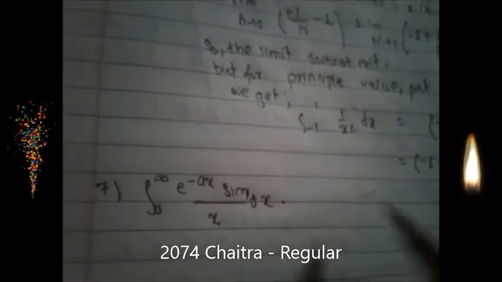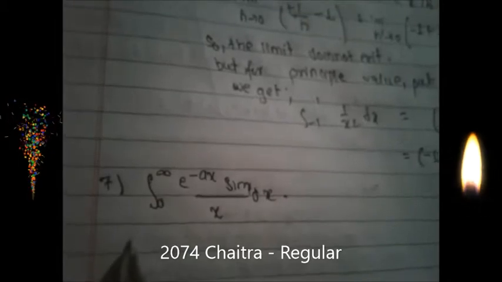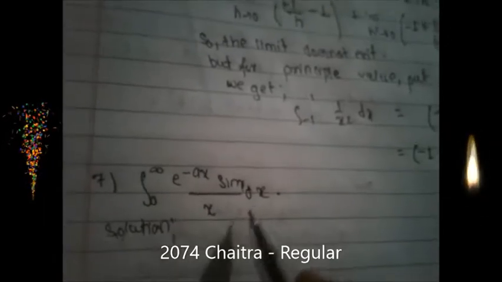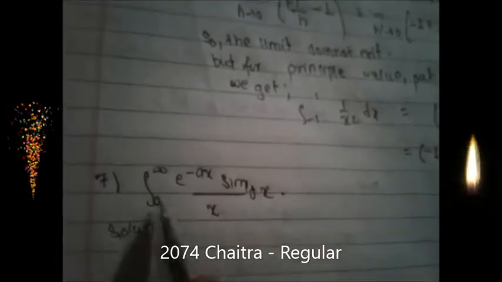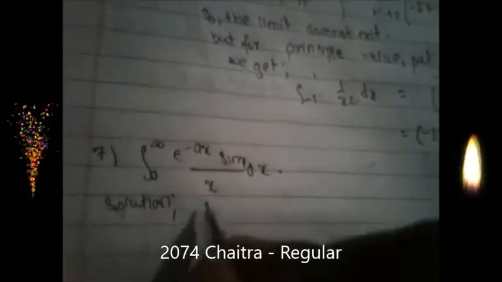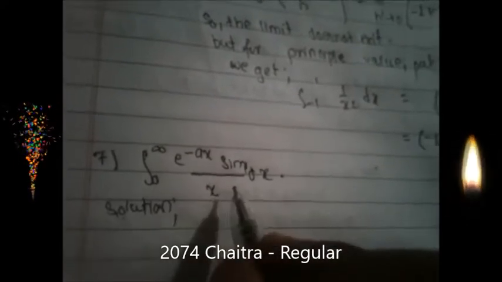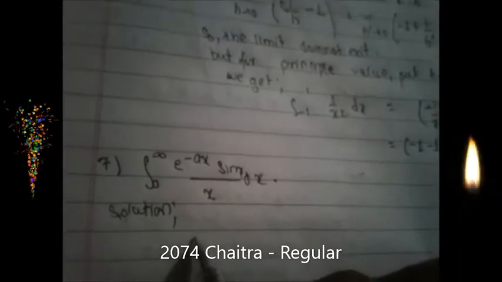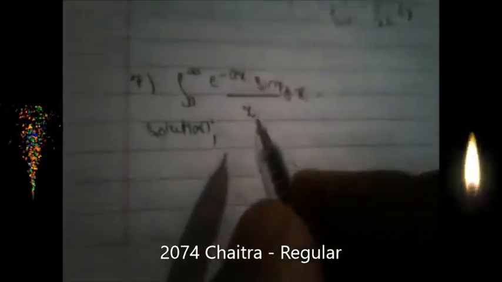Also it is asked, you can see the question for it. So we do the solution. This looks like a standard form. Since it is asking for differentiation under the integral sign, we do it under the integral sign.